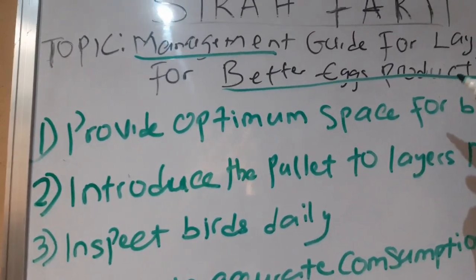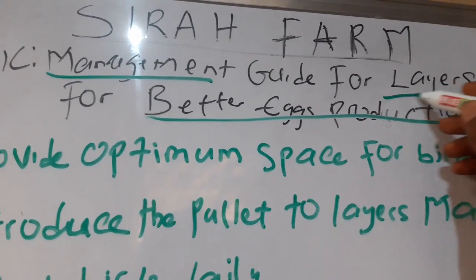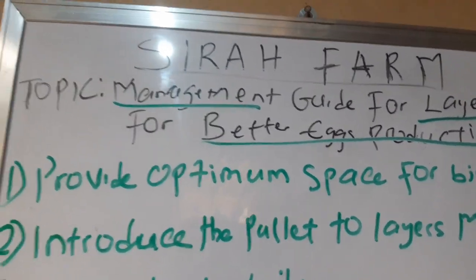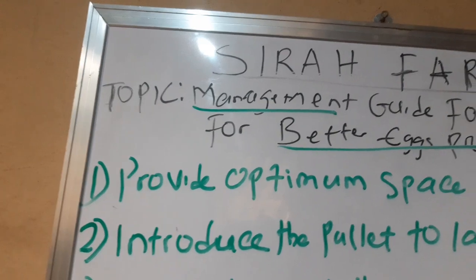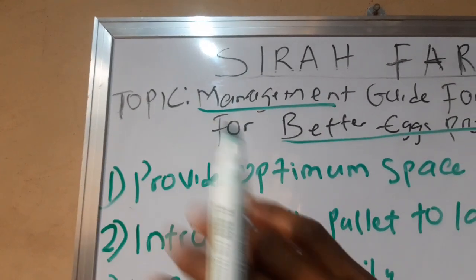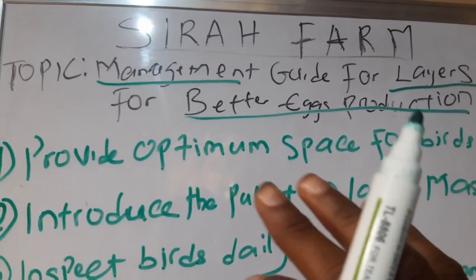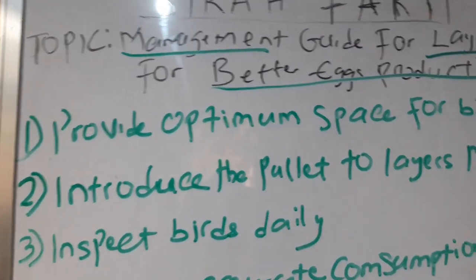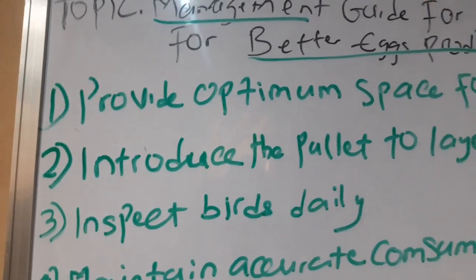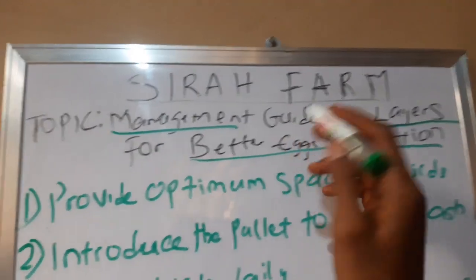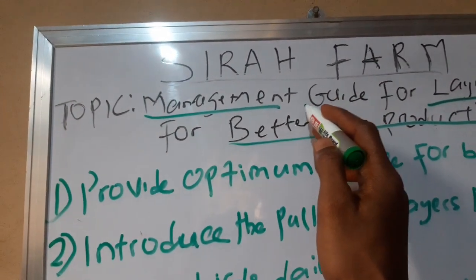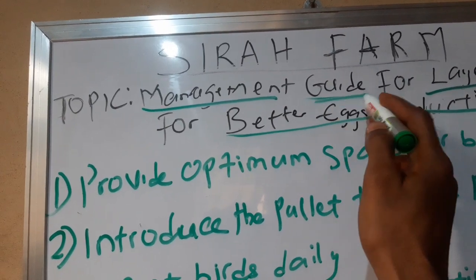So who are the people laying the eggs? These are the people laying the eggs. So what are we saying? We are saying that this topic is all about a management guide for layers for better egg production. The major aspect of this topic is the guide. This is what I want you to take note of, this guide.